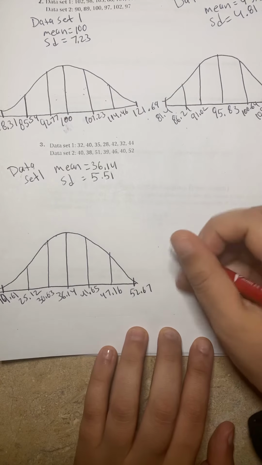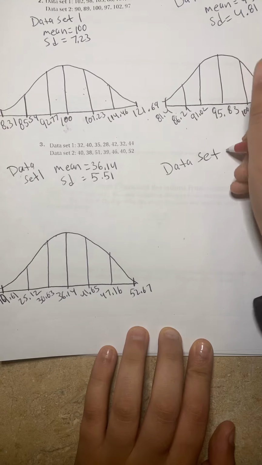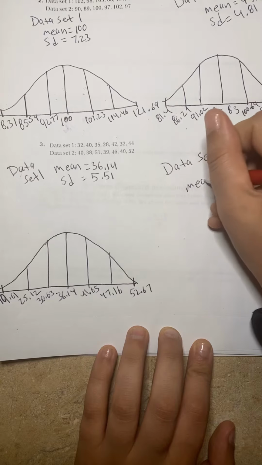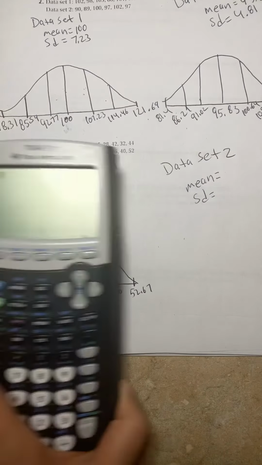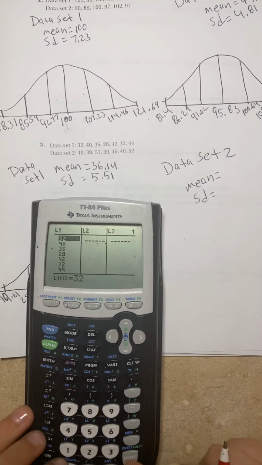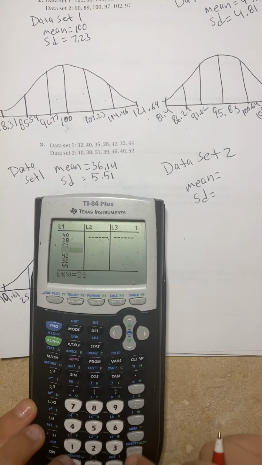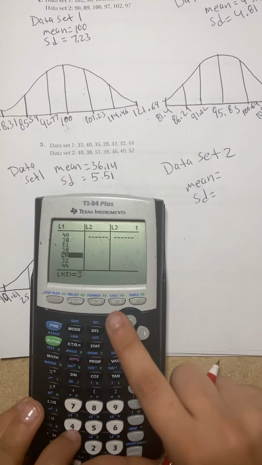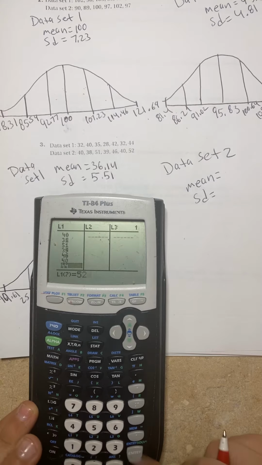Okay. So again, with data set 2, we need to find our mean and our standard deviation. So we hit stat edit and we enter our new points. So we got 40, 38, 51, 39, 46, 40, and 52.